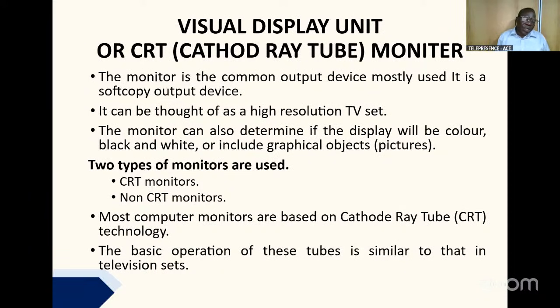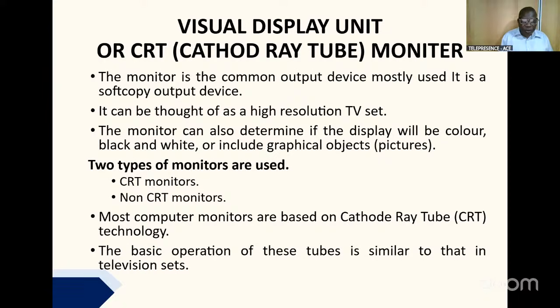It depends on the type of the display unit. If it is colored, it gives you a colored format. If it is black and white, it also gives you such. The majority of display units today can show graphics. They have a graphic enabled card that allows you to display graphics very well.